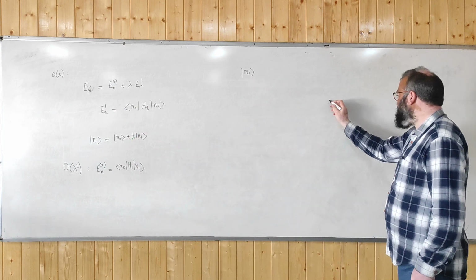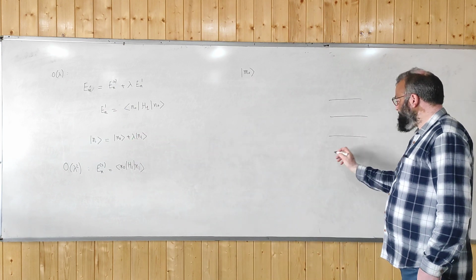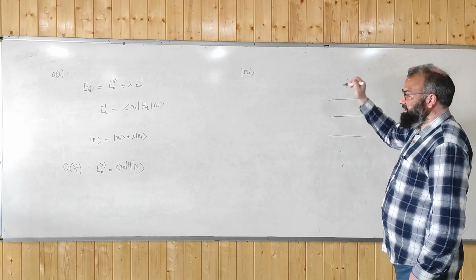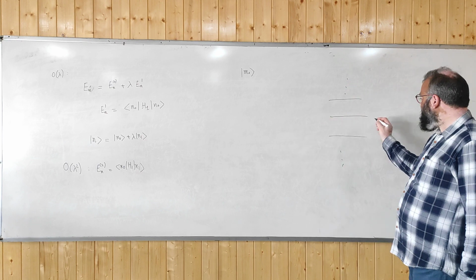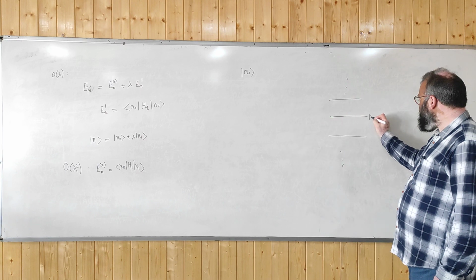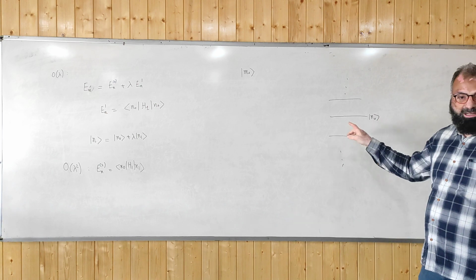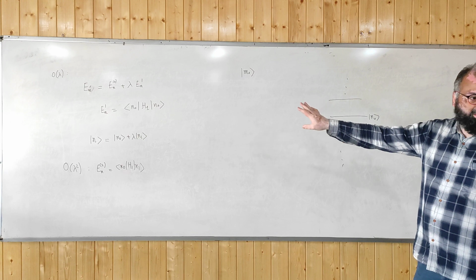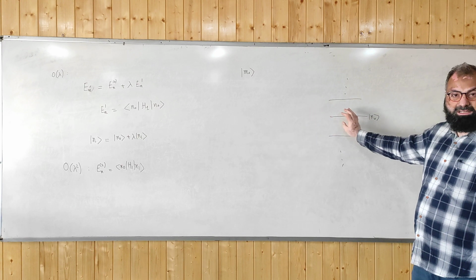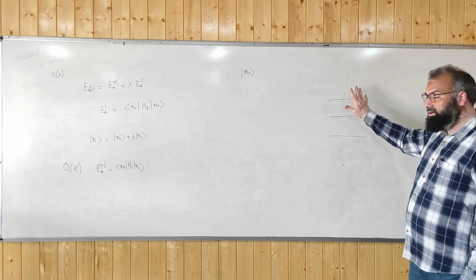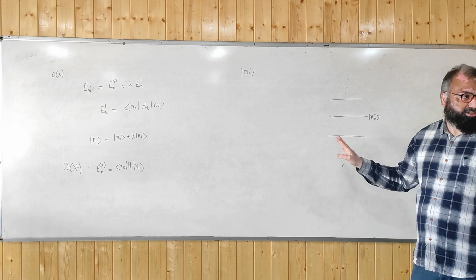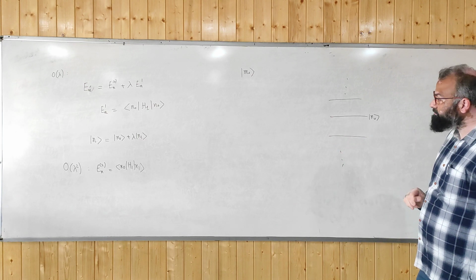Usually people get confused when I take the perturbation on a given state. Say this is the nth unperturbed state, and you look at the effect of this Hamiltonian H1 on this very state. You don't consider all the states at a time. You got my point?